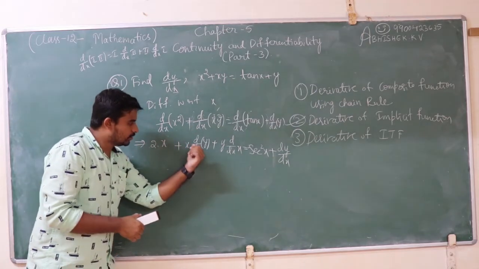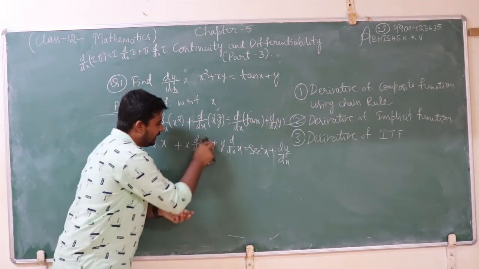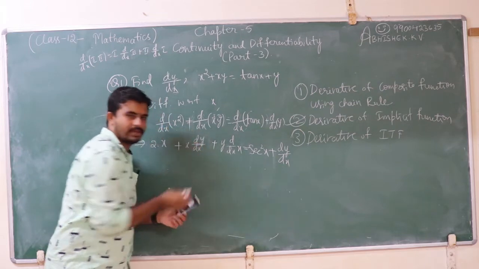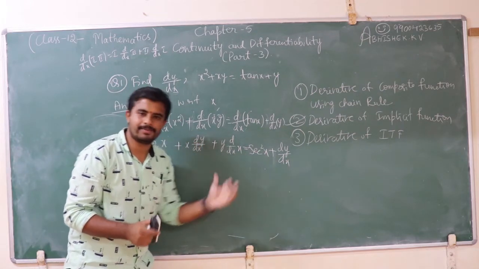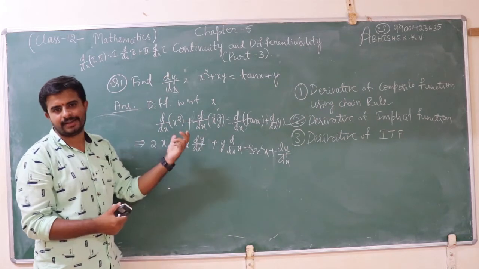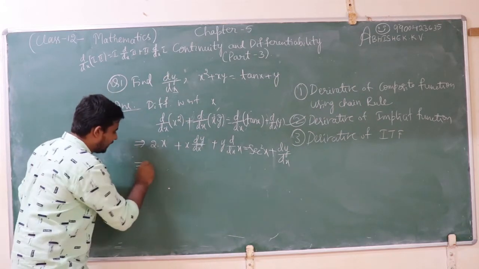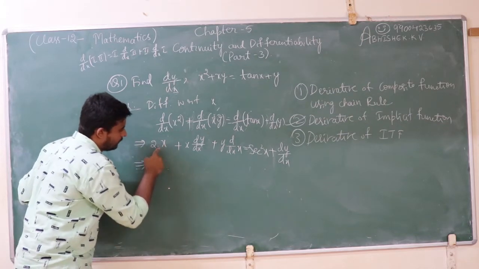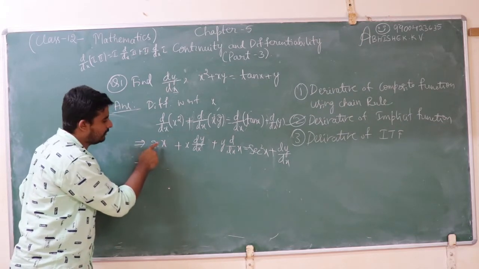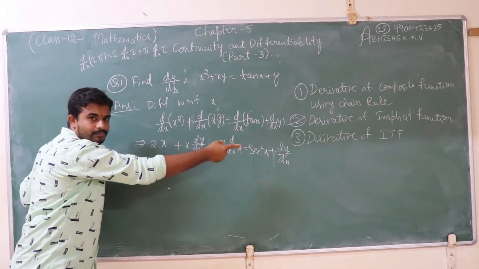Here also, d by dx of y is dy by dx. Here also we have dy by dx. In the RHS also we have dy by dx. We need to find dy by dx, just by taking LHS to RHS and RHS to LHS. That's all. Here we don't have dy by dx, so transfer this expression to RHS.